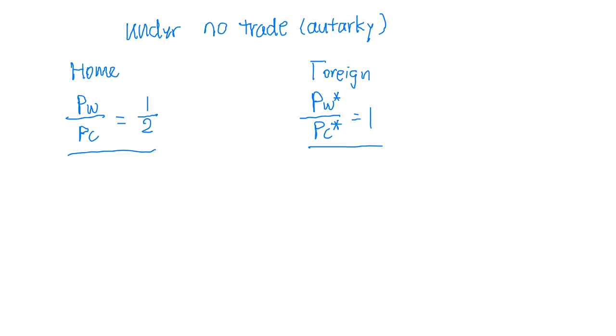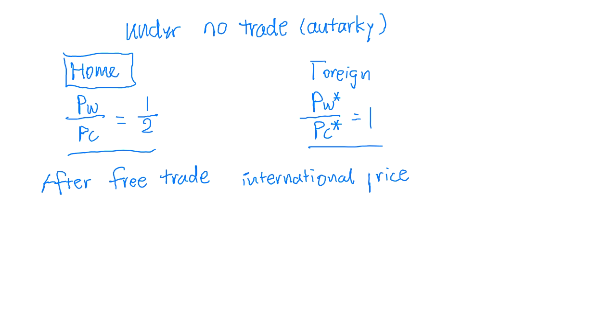So after free trade, what does the Ricardian model tell us? There will be an international price, which makes the home price and the foreign price become identical.